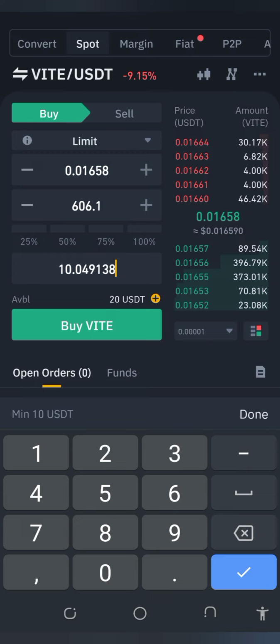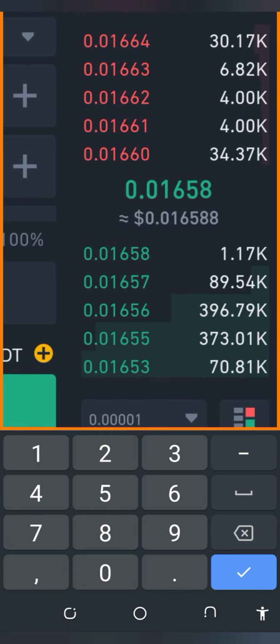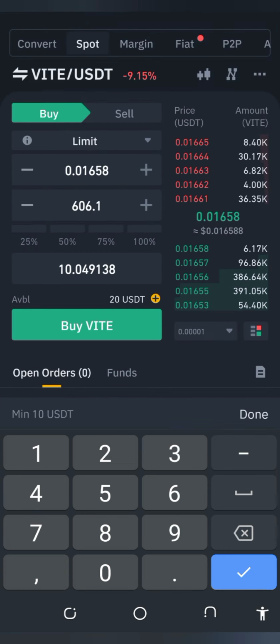Because we're trying to buy, this is how we're going to have to do it. We're going to have to click on the first red. Let's try this out with 10.05. Okay, that's the first red, right?